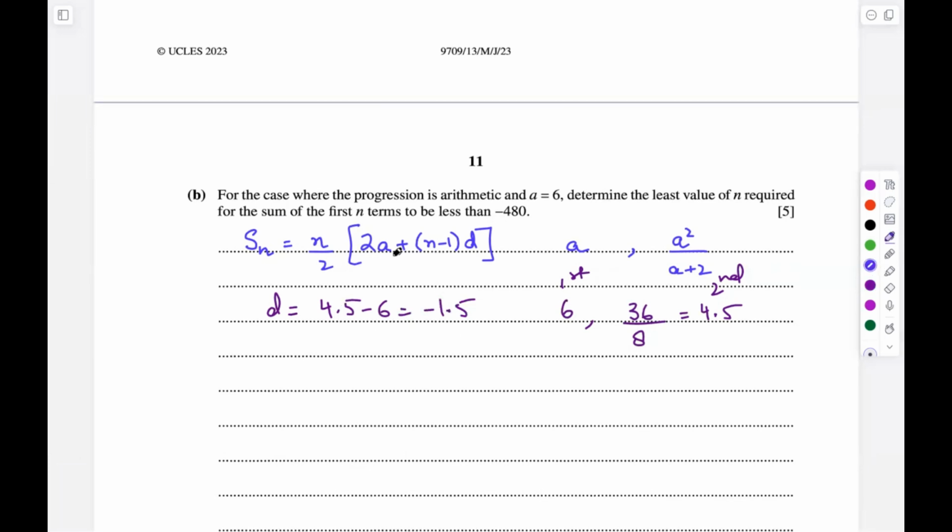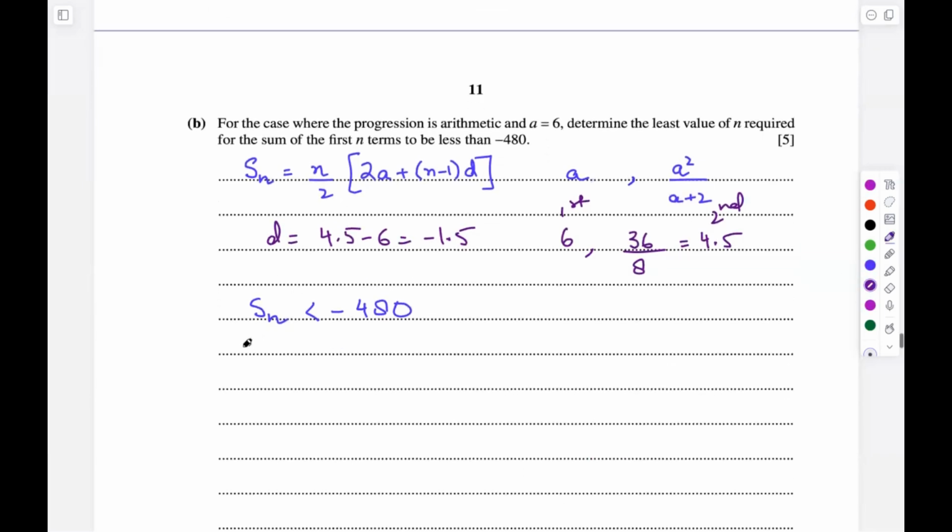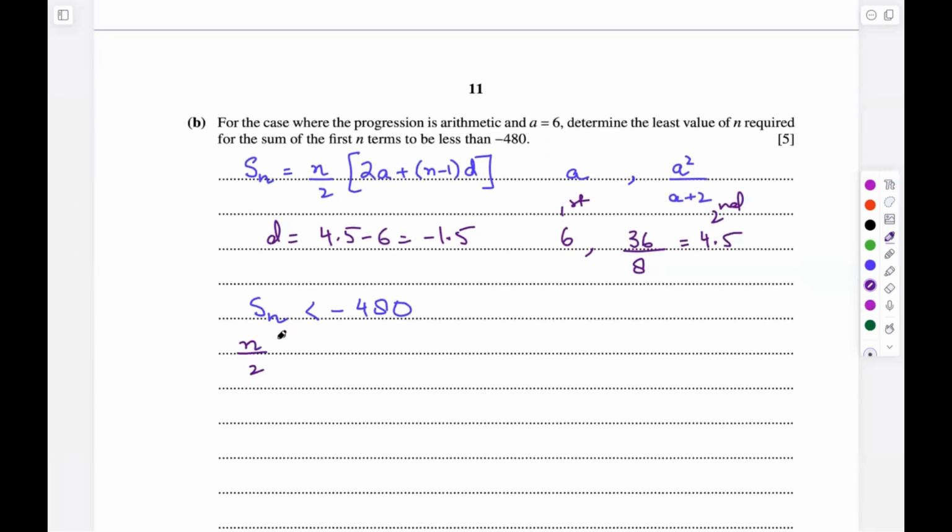Now it says that the sum must be less than minus 480. So substituting in place of the sum of n terms, we'll use the formula, n upon 2 into 2a. So 2 times a will become 12, plus n minus 1 into minus 1.5, and that will be less than minus 480.